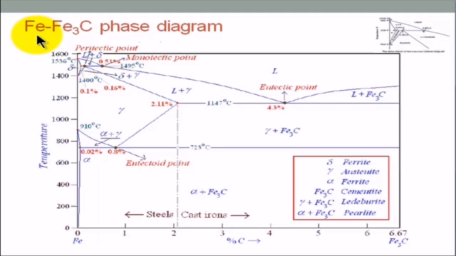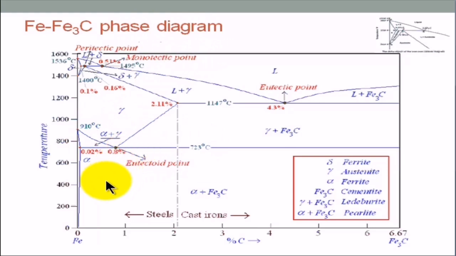Okay, this slide is about the iron carbide phase diagram. Let me explain about this diagram. I think it will be very important for you. The part of the iron carbide alloy system diagram between pure iron and iron carbide, which contains 6.67 weight percentage of carbon, is called the iron carbide equilibrium diagram.